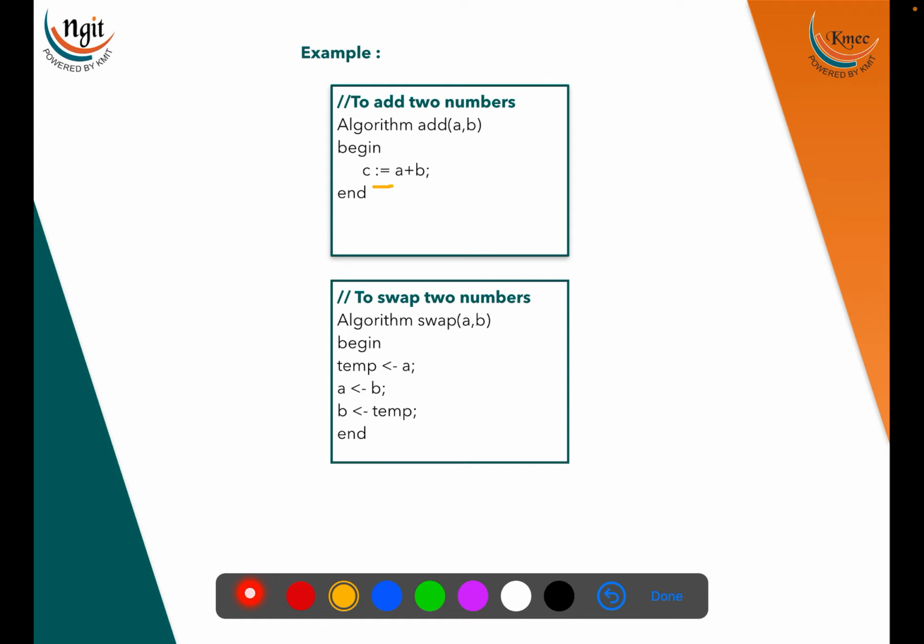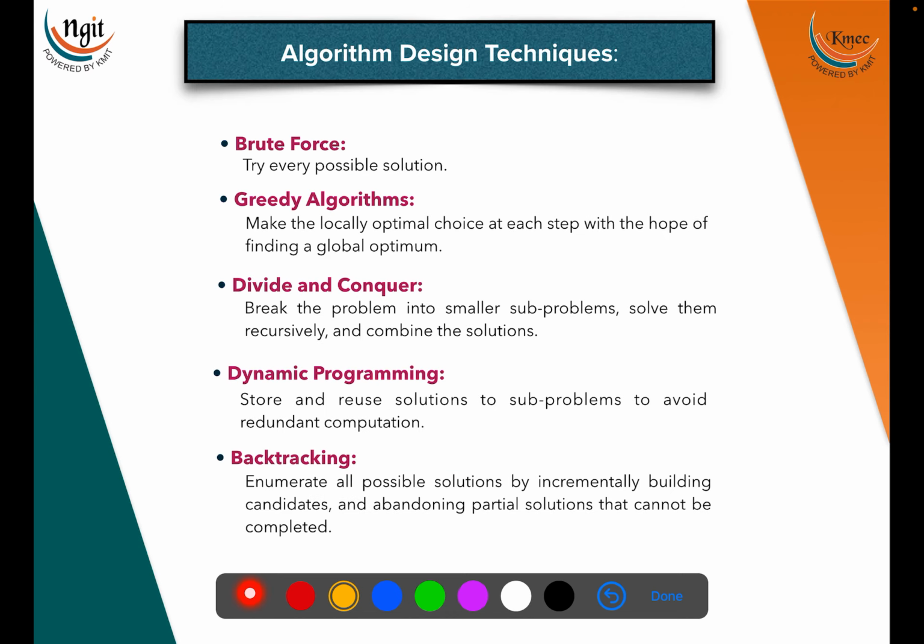Every algorithm will begin with some commented lines to give a description of what the algorithm does. Begin and end can be used, or else curly brackets can also be used. For the assignment operator, colon equal to can be used, or else an arrow operator can be used. So this is adding two numbers. This is swapping two numbers.